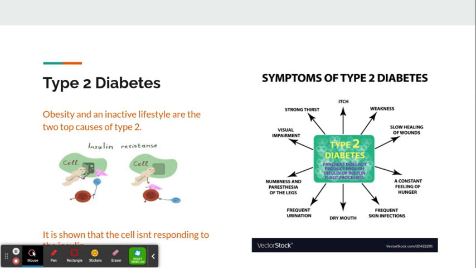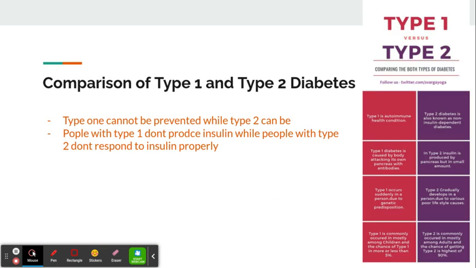Some symptoms include strong thirst, itch, weakness, slow healing of wounds, constant feeling of hunger, frequent skin infections, dry mouth, frequent urination, numbness and paresthesia of the legs, and visual impairment, which are very similar to the symptoms in type 1. A comparison of the two.